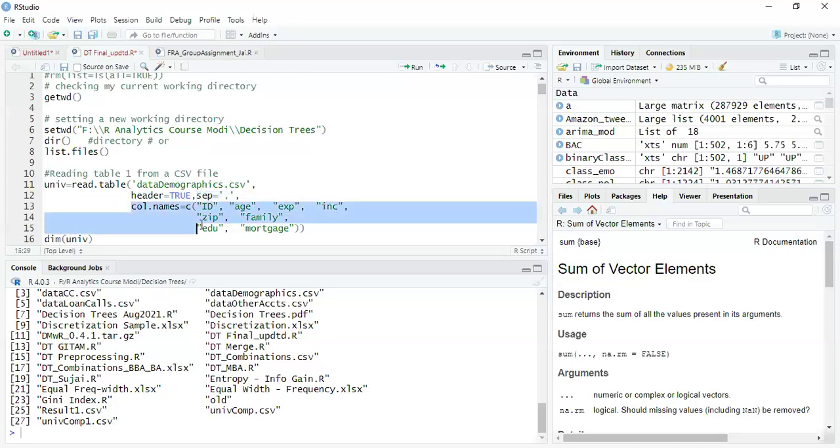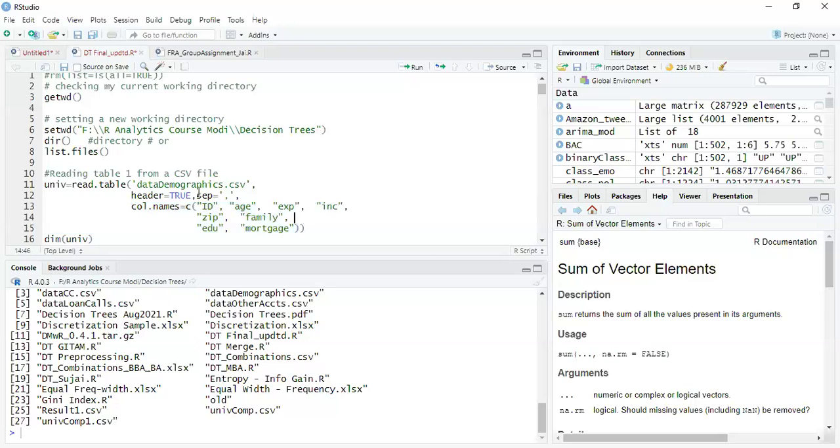Let us say the client has given some other names which I am not happy with, so I am setting my own names. This particular file has around 8 columns, so I am giving 8 names. Okay, students, 8 columns, I cannot give 5 names. I have to give 8 names, else it will give us an error.